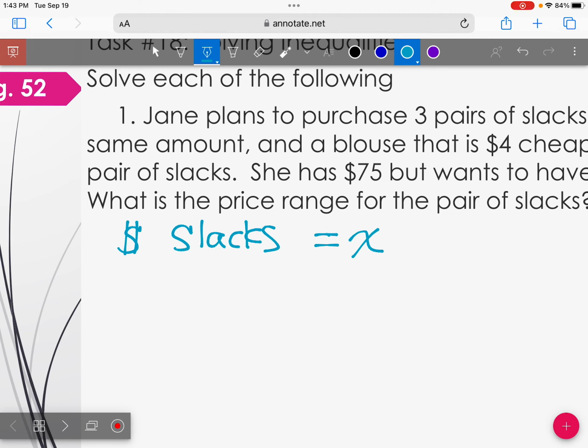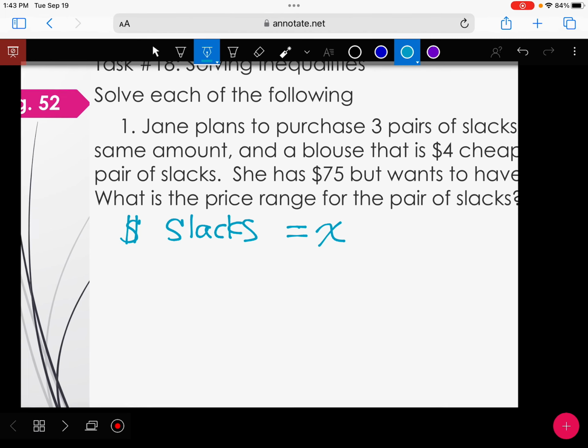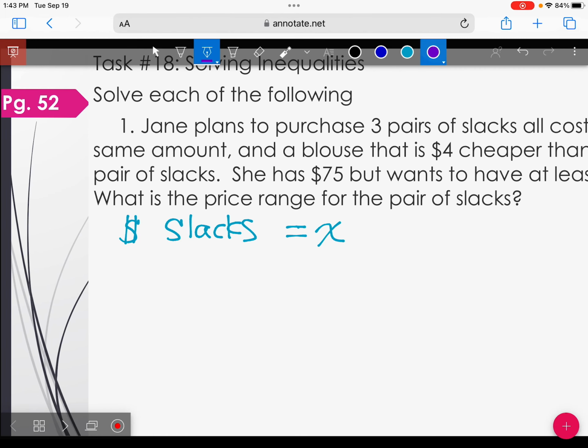How can we talk about her shopping plan? Like, how can I write some more equation stuff? How about 3 pairs of pants? How can I say that? 3x.